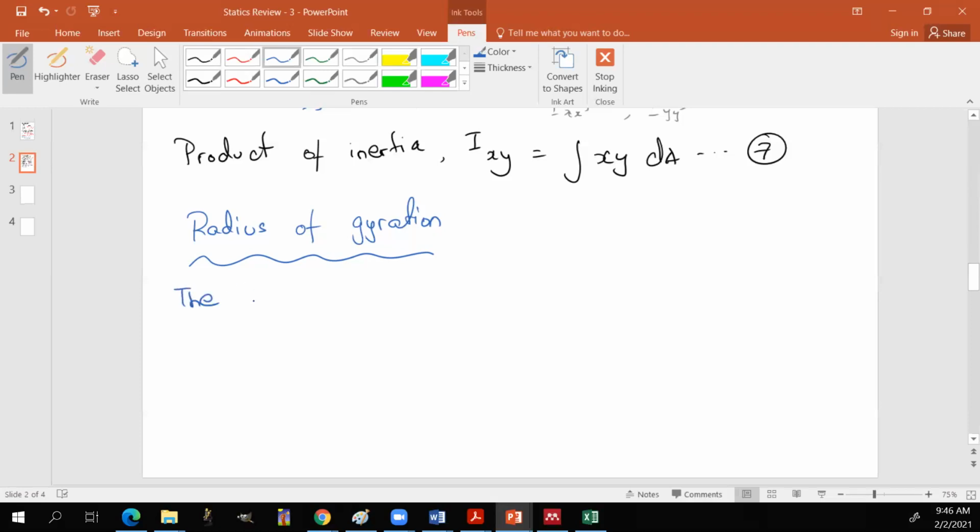All right, so we have the radius of gyration, and the symbol I refer to that with is k.